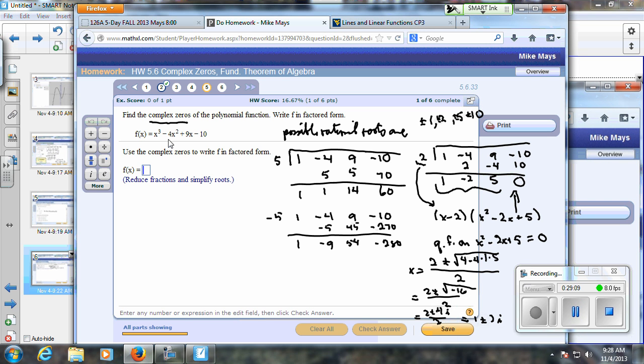So I'm going to write f of x as x minus 2. That's the real root that I found by that synthetic division process, times x minus, the other roots are 1 plus 2i and 1 minus 2i. So let's write it as x minus 1 plus 2i for one of the roots, and x minus 1 minus 2i for the other root.